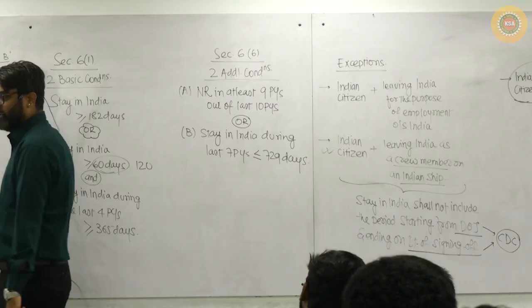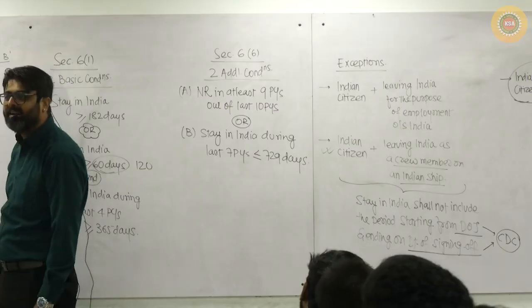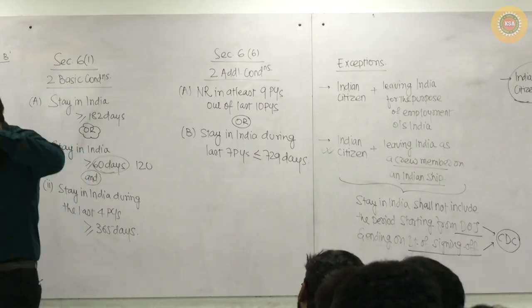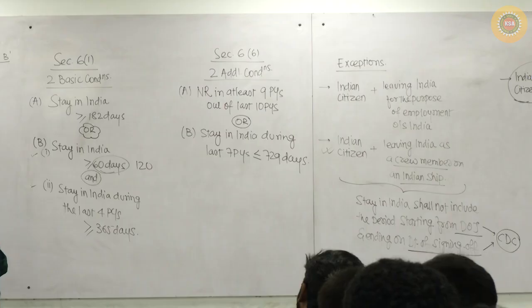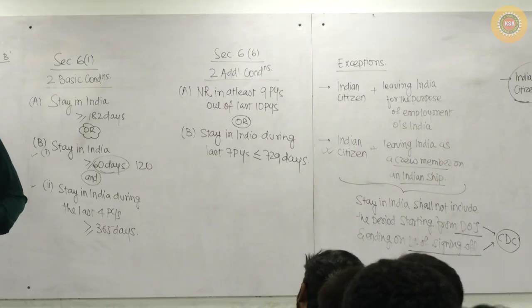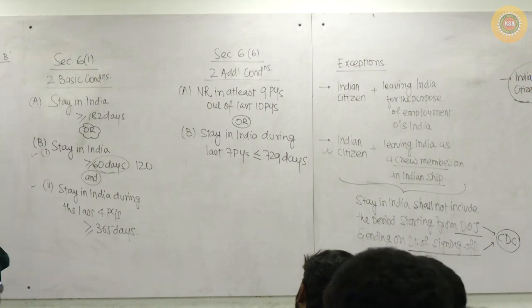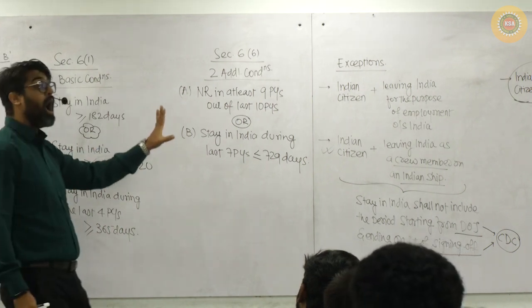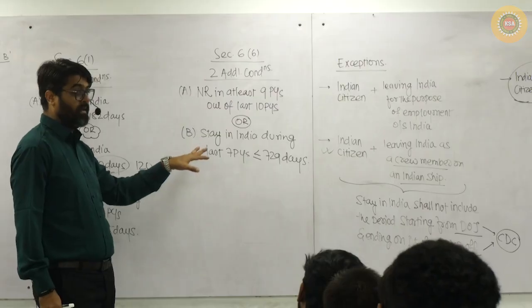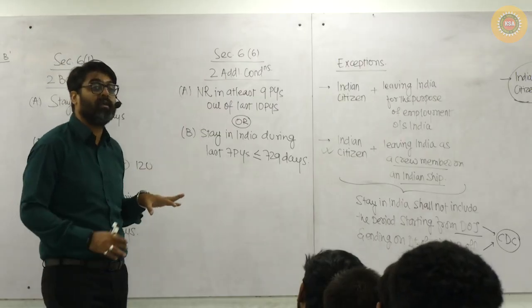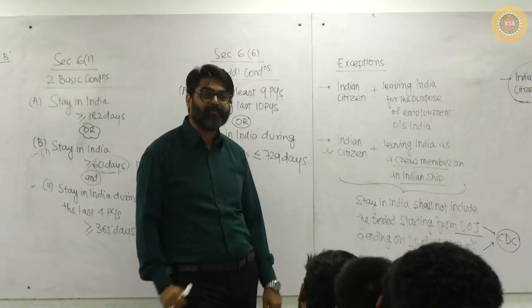After you become a resident, by default you are ordinary resident. We are giving you an option. We are giving you a chance. We are giving you 2 chances to call yourself RNOR. Grab any one chance and become RNOR.